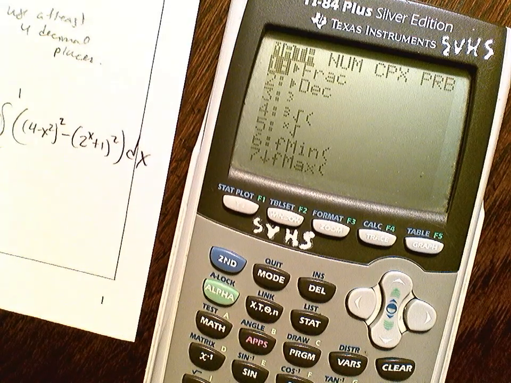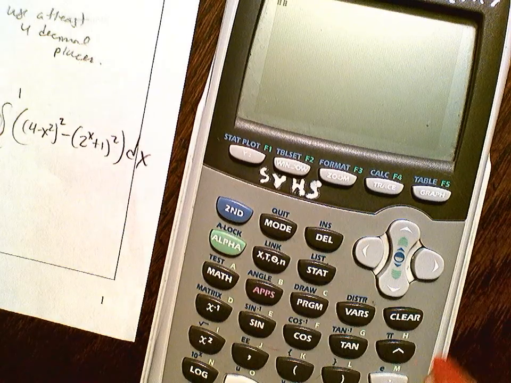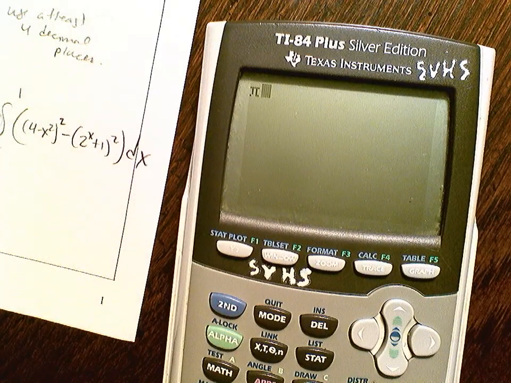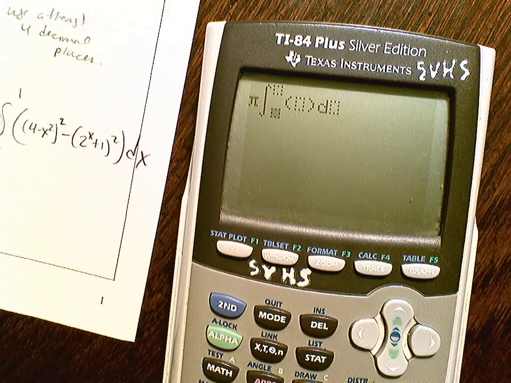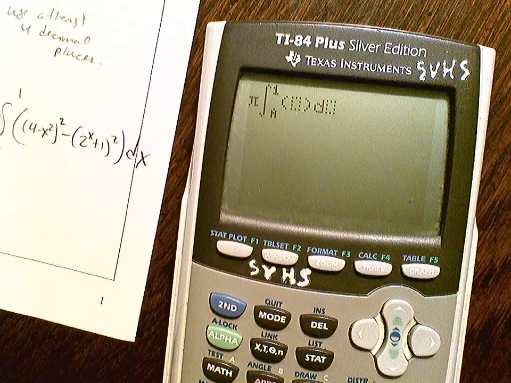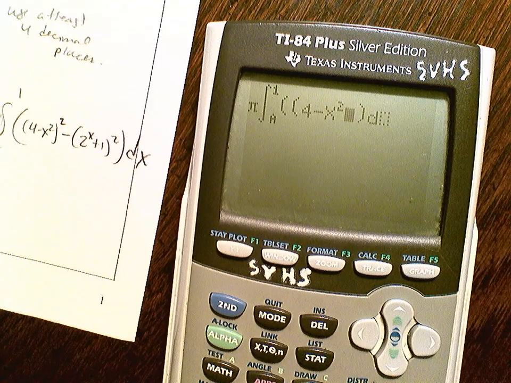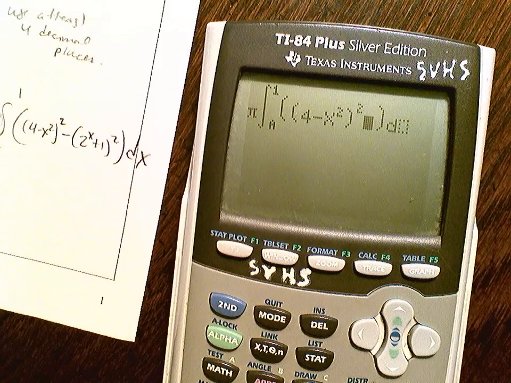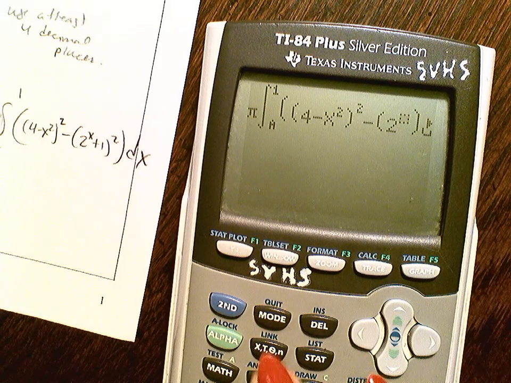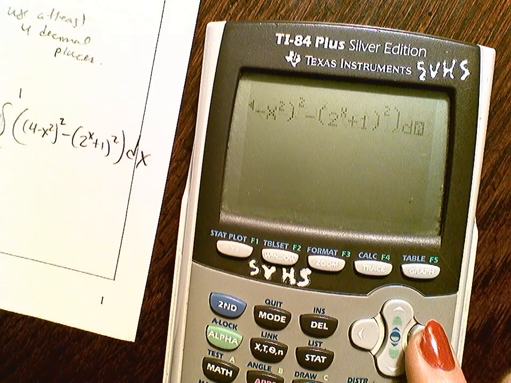Okay, so math 9. Actually, I'll do pi first. Pi. Okay, so I've got the pi out front. And then I go math 9. You could put the pi inside. And then I have a stored, so from a to 1. And then in here, 4 minus x squared, squared, minus 2 to the x plus 1, squared.